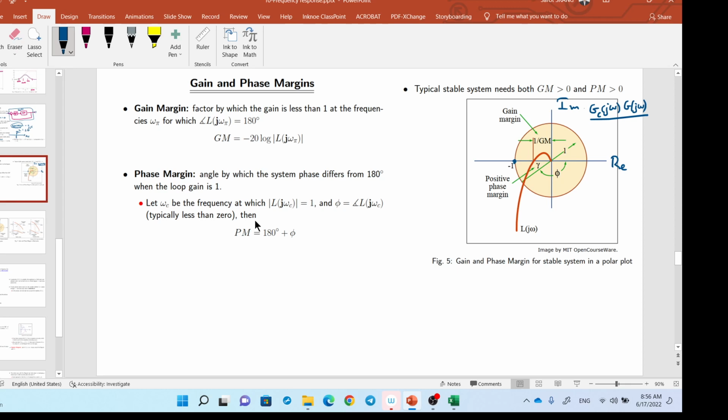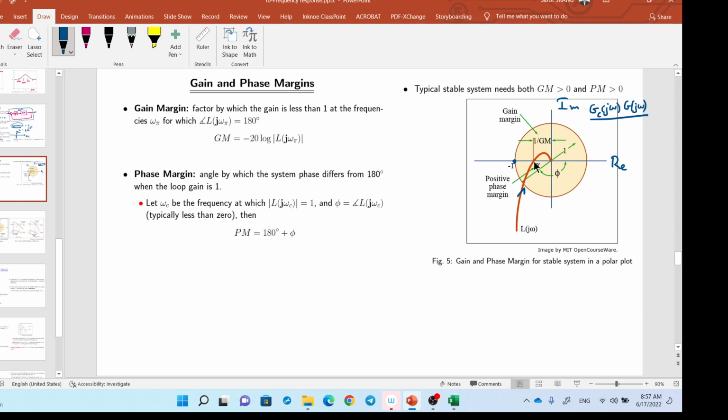So here it is actually trying to explain gain margin and phase margin. Now let's assume that when this curve is on the left of -1, now I say it's on the left of -1, but later I will explain a different terminology. If this curve is located like this, it is stable.